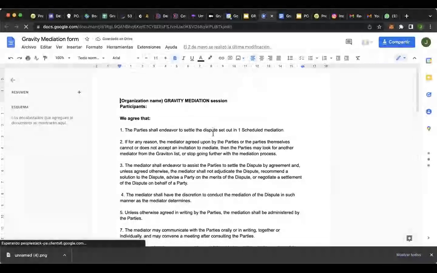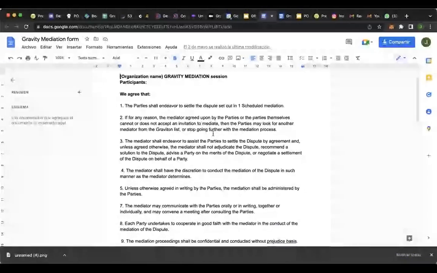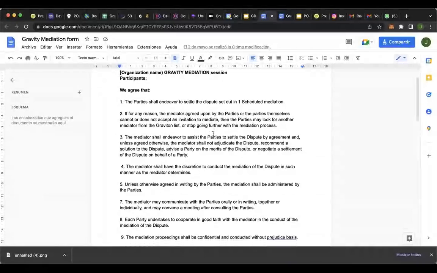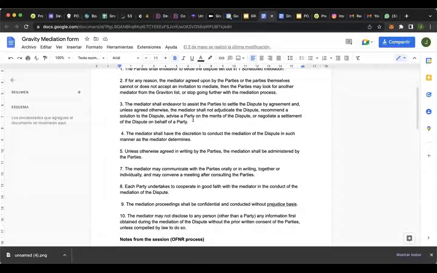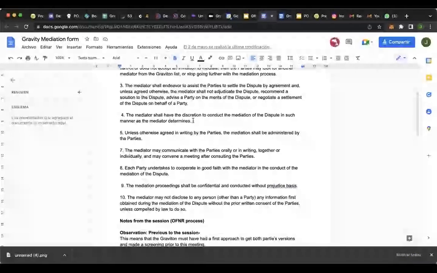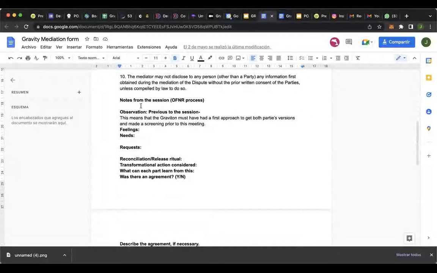We also have a mediation form that states some of the agreements that the parties make when they enter the mediation, and that it's a voluntary process and all that we have been talking about. Also, here we can include some notes from the observation form.